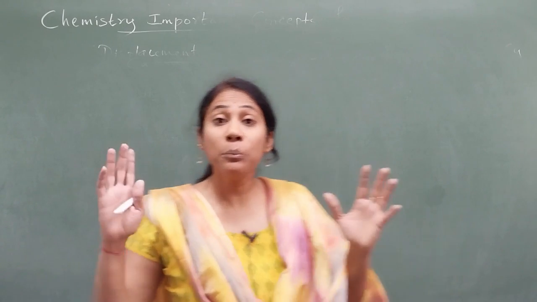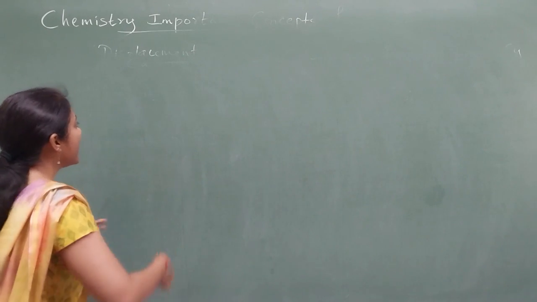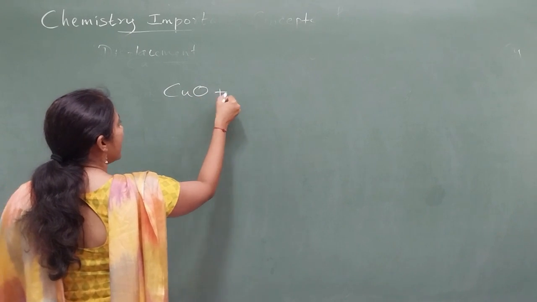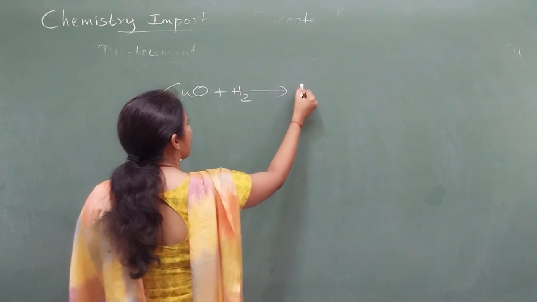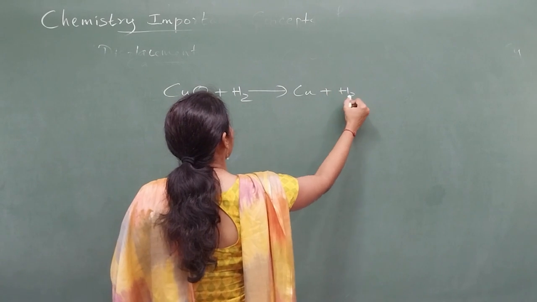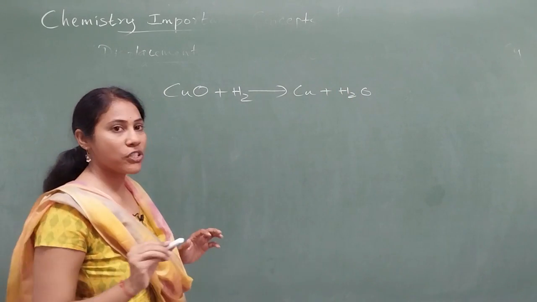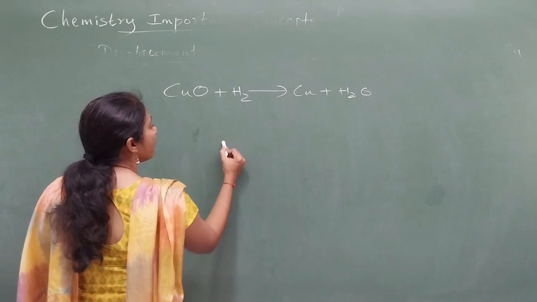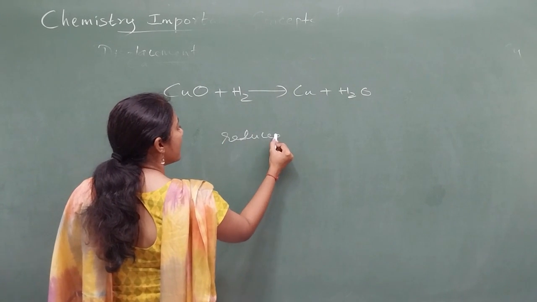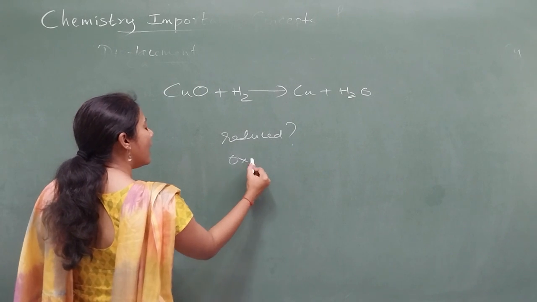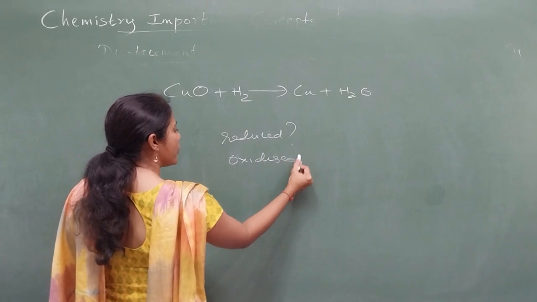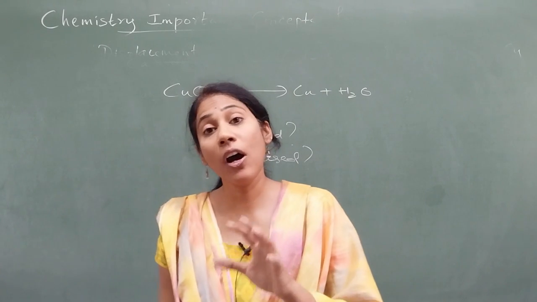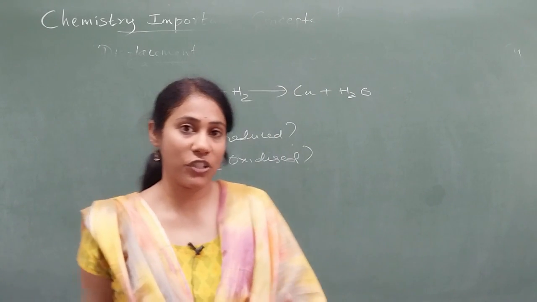And one more important model is something like this. See here, copper oxide plus hydrogen gives copper plus H2O. So they'll give you some chemical equation and they will ask you which is reduced and which is oxidized. These are very, very famous questions in chemistry as multiple choice questions or as one marker questions.